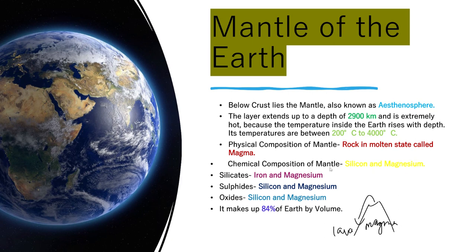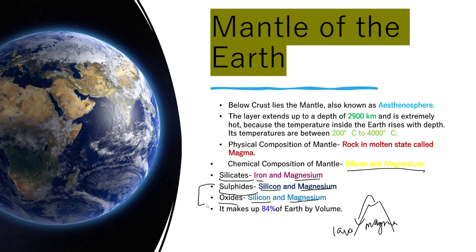The chemical composition is silicon and magnesium. It is made up of silicates, sulfides, and oxides. The silicates are iron and magnesium. The sulfides are silicon and magnesium, and the oxides are again silicon and magnesium.